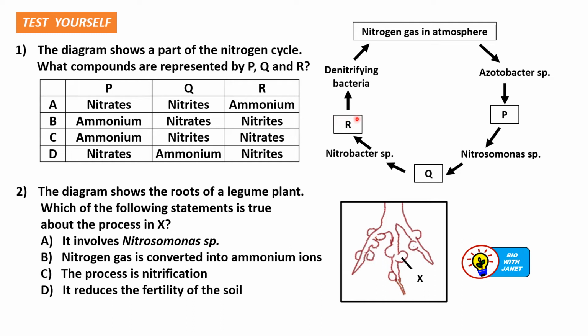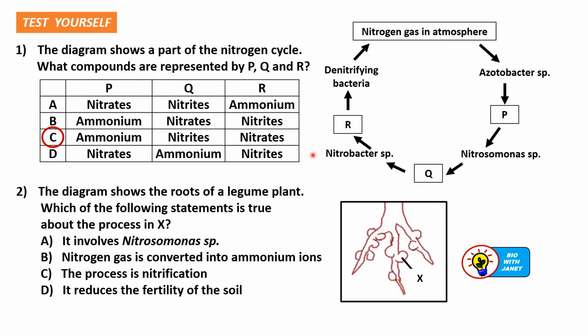The nitrates can be converted back to nitrogen gas in the atmosphere through the role of denitrifying bacteria. Okay, so P is ammonium or ammonium ions or ammonia, and Q is nitrites, R is nitrates. The answer is C.